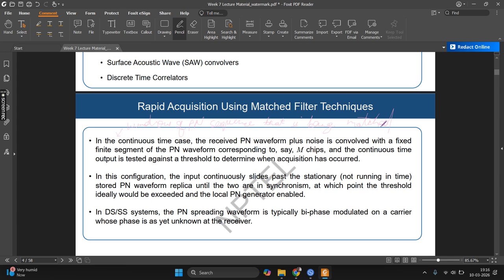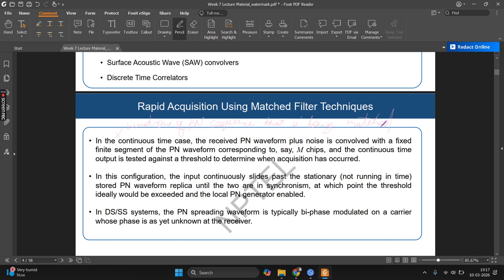So in this configuration, the input continuously slides past the stationary stored PN waveform replica until the two are in synchronism, at which point the threshold is exceeded and the local PN generator is triggered. So instead of the entire thing, you are keeping a window and the input is continuously sliding past that window.